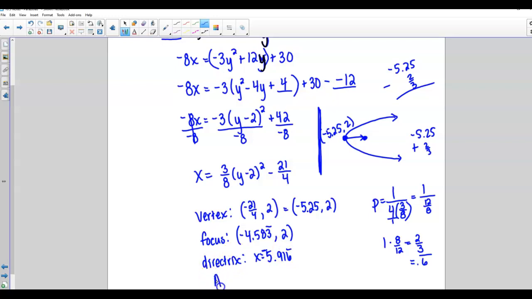And last, that axis of symmetry is going to be horizontal. So whenever we have that horizontal axis of symmetry, we have a y equals, and the y value of my vertex is 2, so it's going to be y equals 2 for that one.